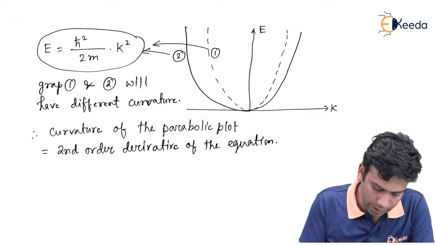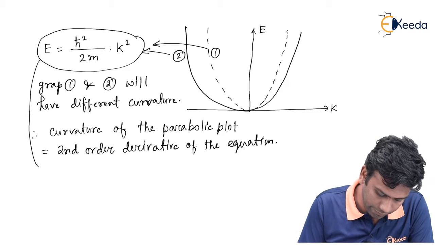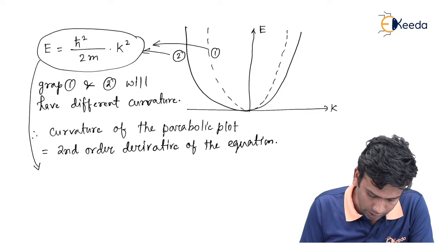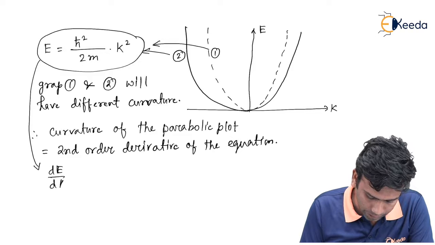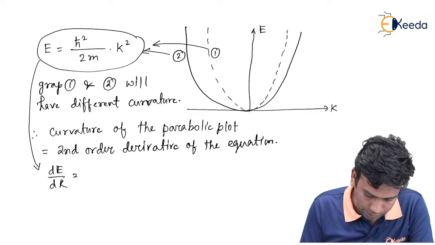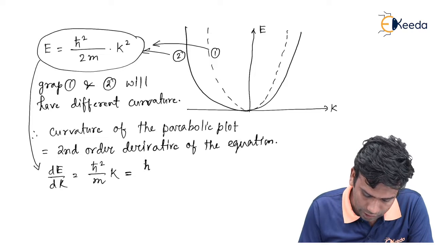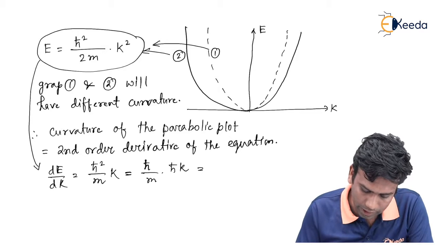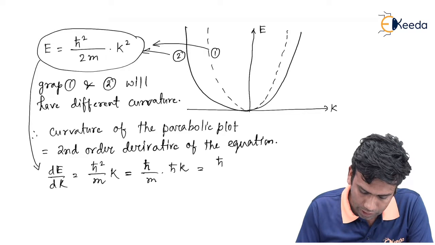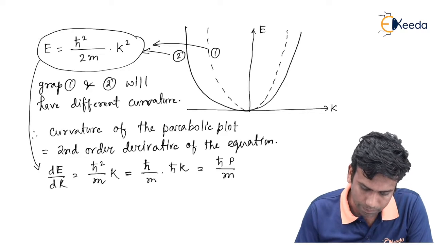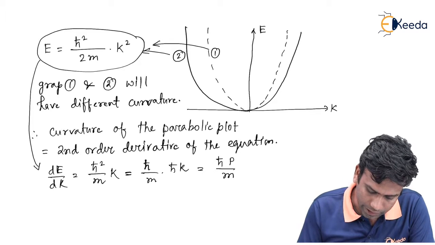If we find the first order derivative, dE by dk will be h cut square by m into k. Now we can write this equation like this: h cut by m into h cut k. So this h cut k is nothing but the momentum of the particle, so we can write h cut into p by m.